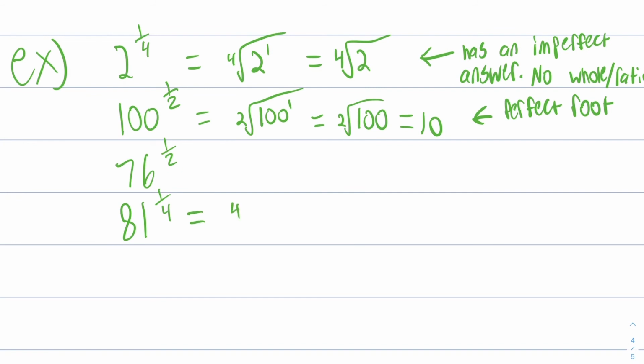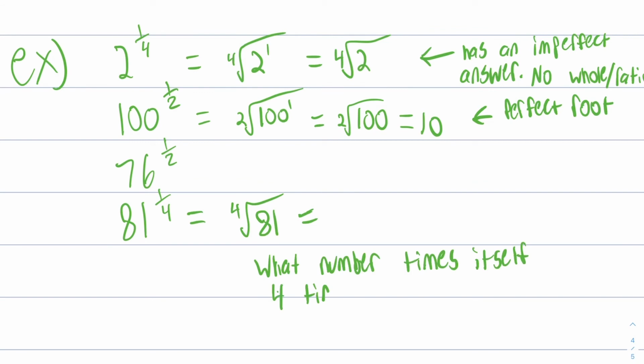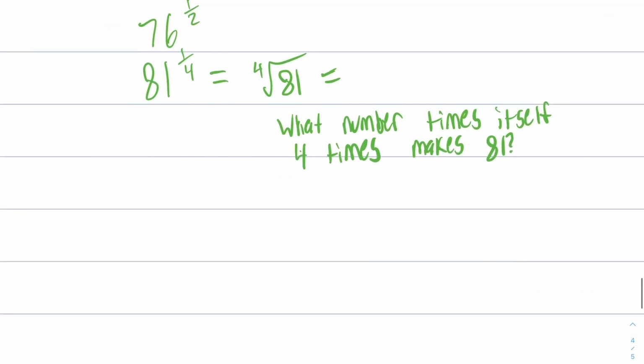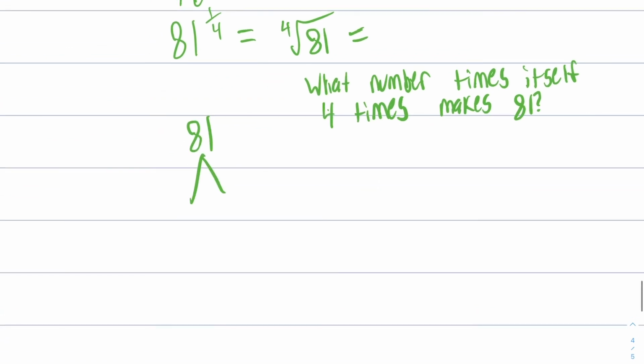This would be the 4th root of 81. That means what number times itself 4 times makes 81? Well, we figure that out by doing a factor tree like we did the first day back from Christmas break.